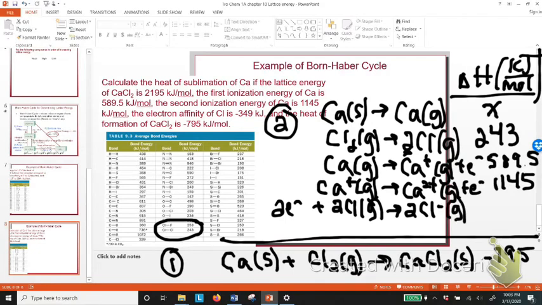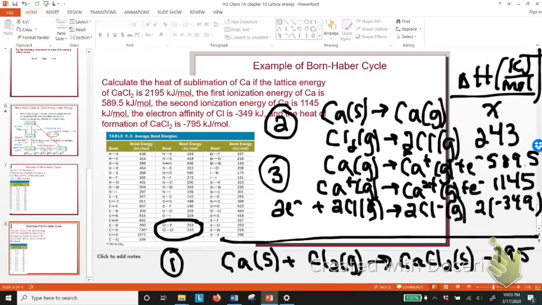So this is the electron affinity of chlorine, the amount of energy needed to gain an electron, but because we have 2 chlorines, we have to multiply the electron affinity by 2. All right, so that was our third step, where we form the ions.